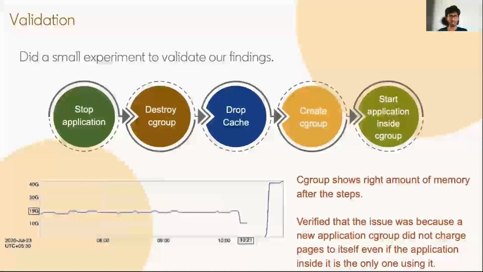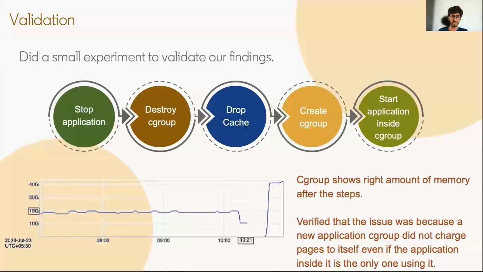So let's look at how we validated these findings. If we take a look at this graph, it's for an application that was already showing the wrong amount of page cache. It was showing 19 GB. So we thought, let's try out something that validates our findings.